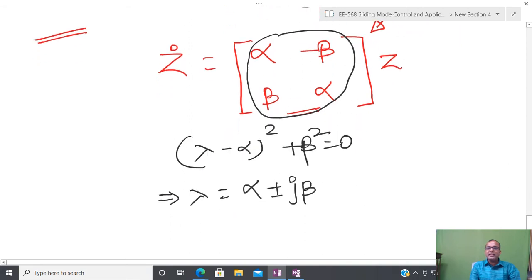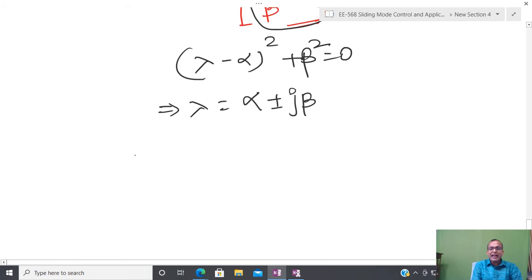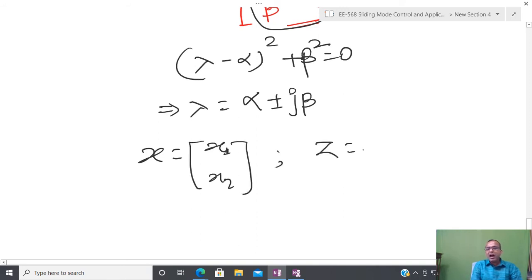Now let us try to analyze the dynamics. Here I am assuming that x is x1 and x2, just considering a two-dimensional system. After transformation, this is Z1, Z2.